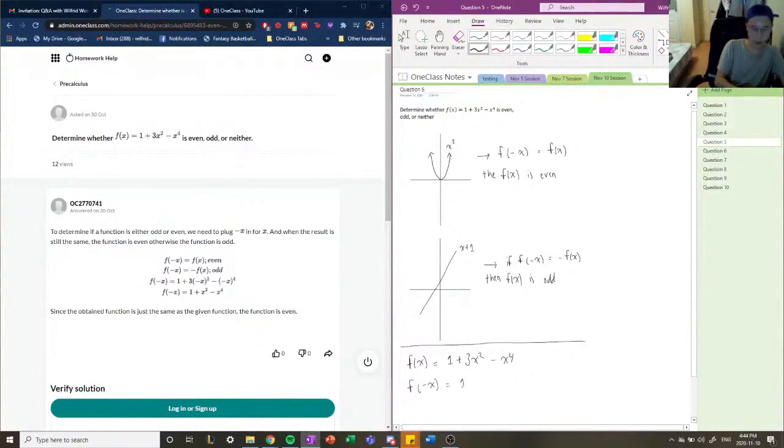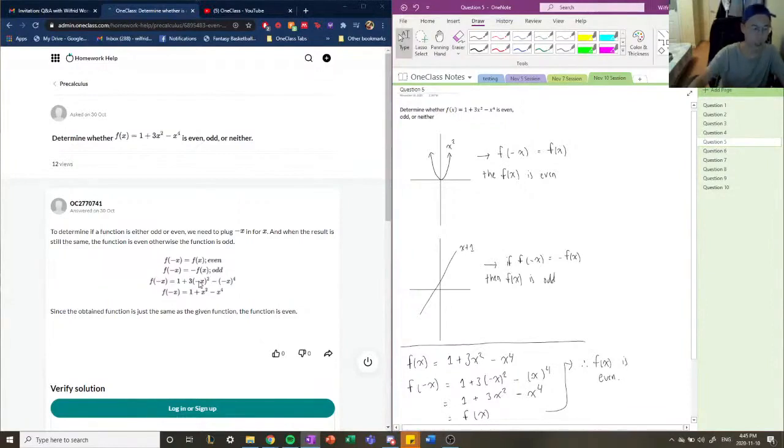What do we get? 1 plus 3 times negative x squared minus negative x to the power of 4. Negative x squared is just x squared, and negative x to the power of 4 is just x to the power of 4. So we learned that f of negative x is actually f of x. Therefore, f of x is even.